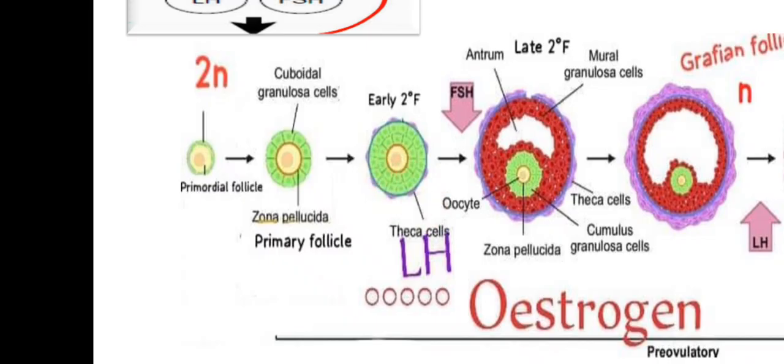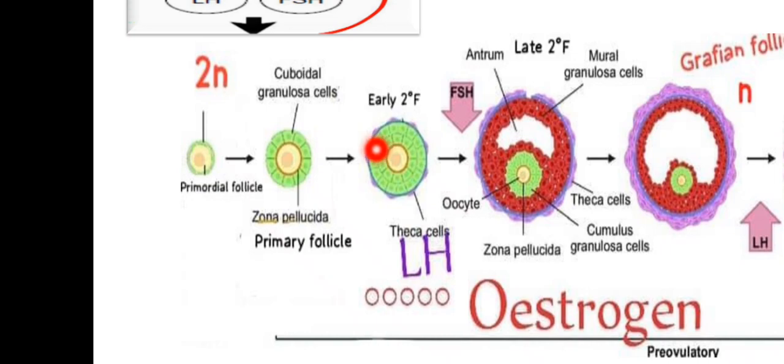I'll show you a detailed picture very soon. But what I want you to know is that as these follicles are developing, remember I talked about progesterone and estrogen being produced. Estrogen and progesterone are produced by the same follicular cells, the same granulosa and the same thecal cells. I'll show you a picture very soon.